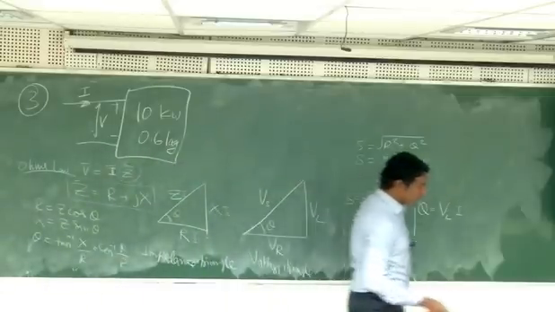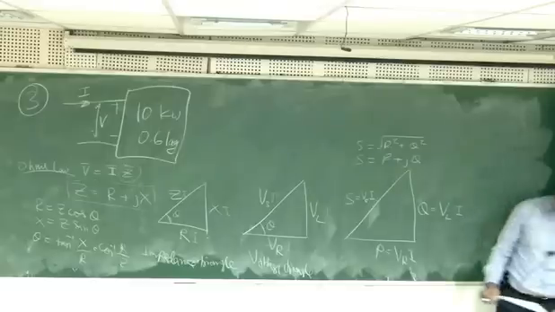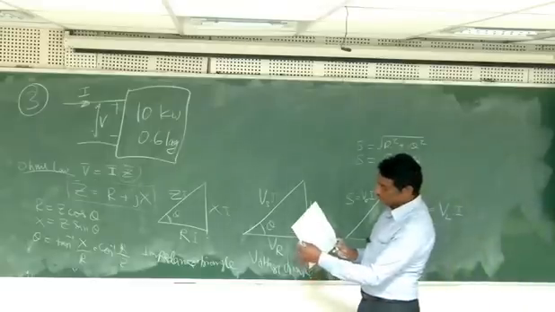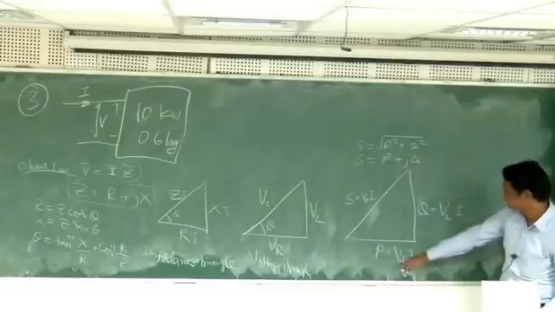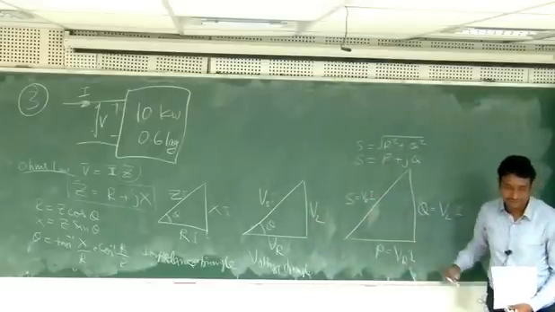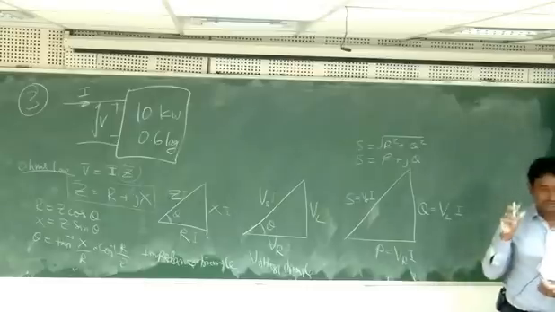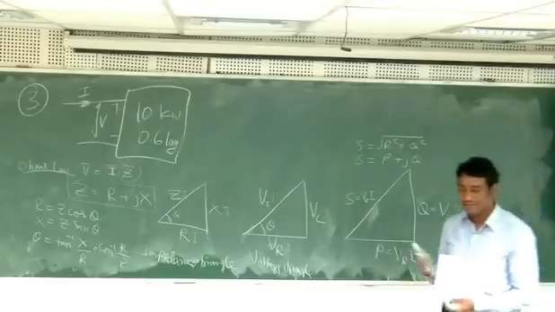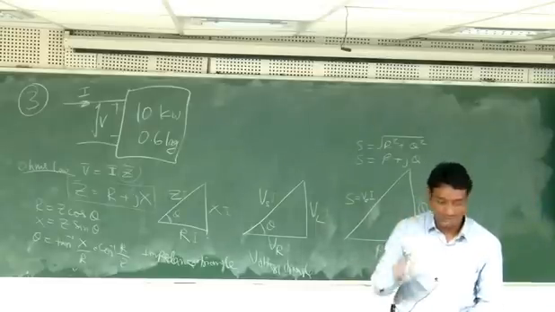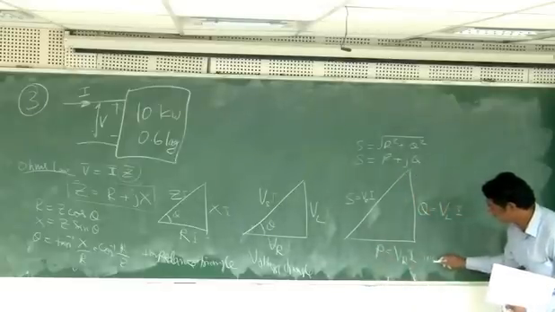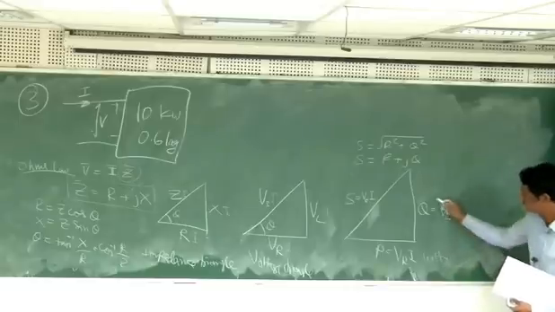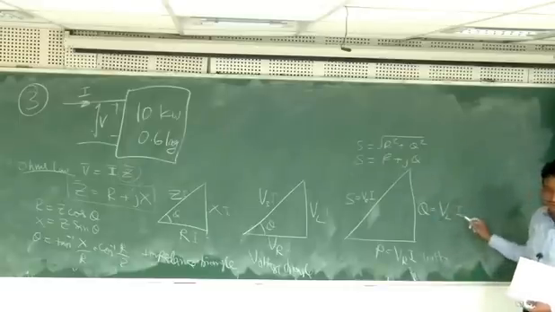So what is the question? Looking at question number 3, a 10 kilowatt load is operating. That means which one is 10: P is 10, Q is 10, or S is 10? Kilowatts means P is in watts or kilowatts. What is the unit of the reactive power?